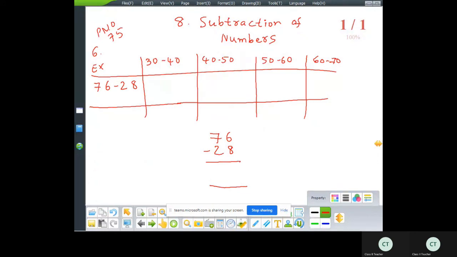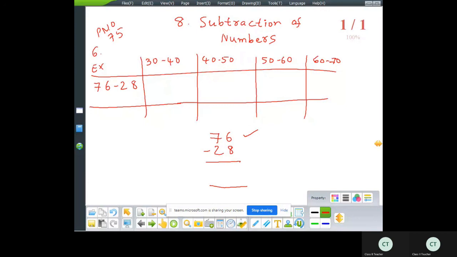Here 76 is the bigger number, 28 is the small number. The bigger number is on top, the small number is on the bottom. Subtraction happens from the bigger number to the small number. We take the small number from the bigger number.